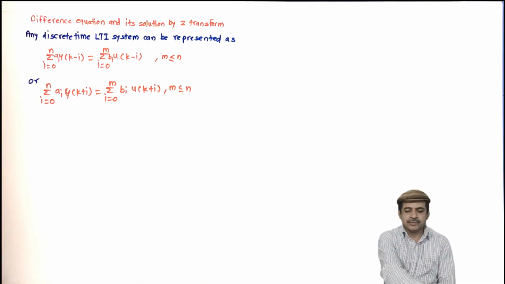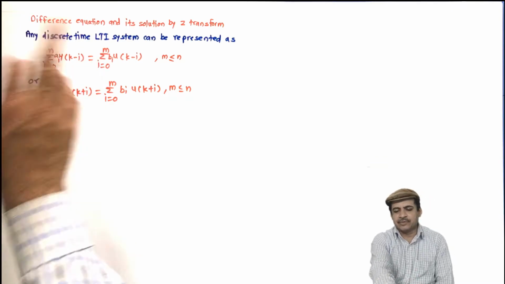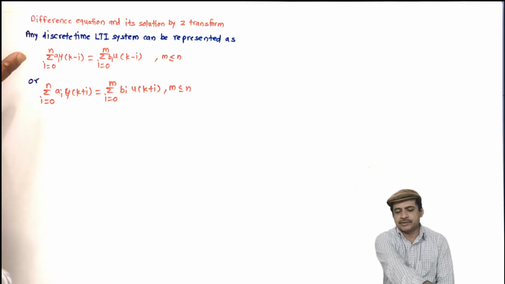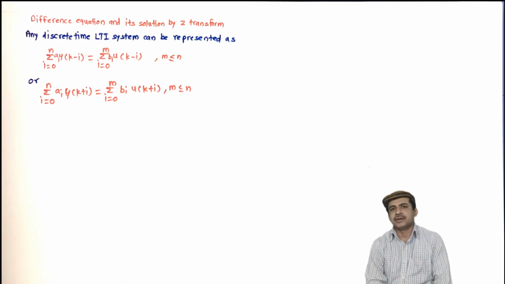So a discrete time LTI system can be represented in this form or this form.